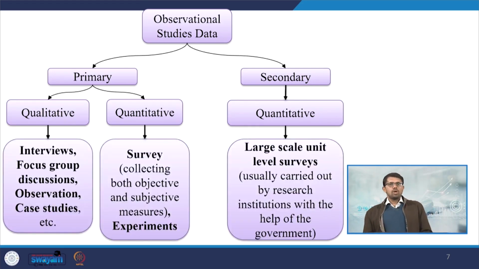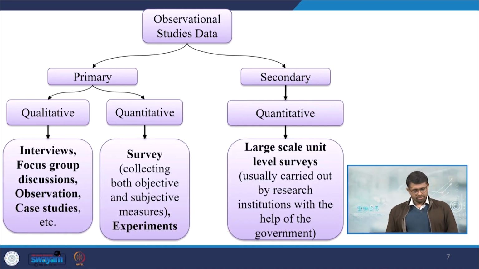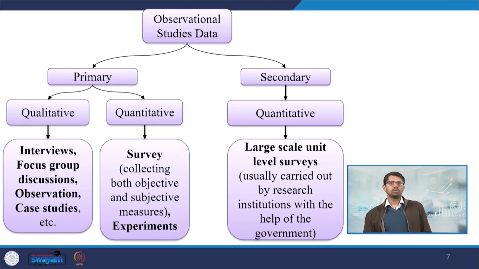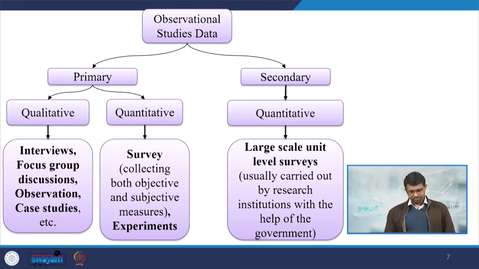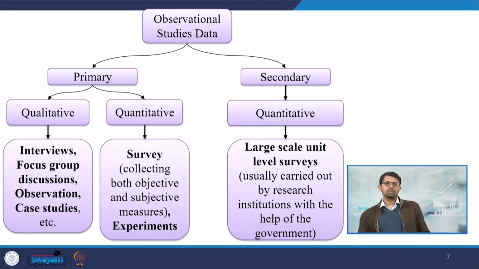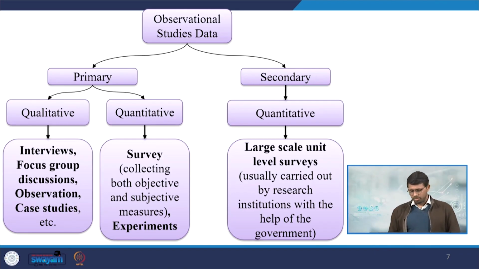Since we said these are observational, qualitative primary data can be collected through interviews, FGDs, that is focus group discussions, observation, case studies, etc. Then quantitative data is covered through surveys, collecting both objective and subjective measures, or through experiments. Whereas in case of secondary, which is quantitative, we usually base it on large scale unit level surveys that are usually carried out by research institutions with the help of government.